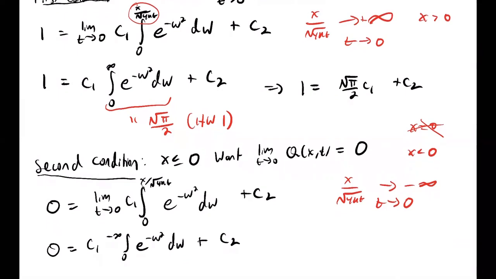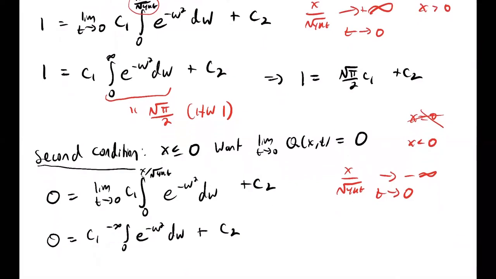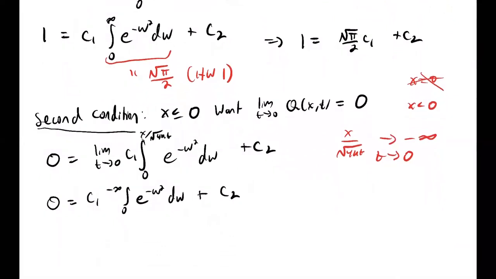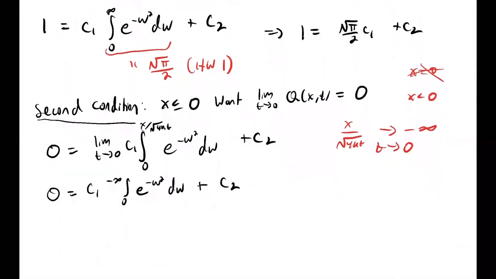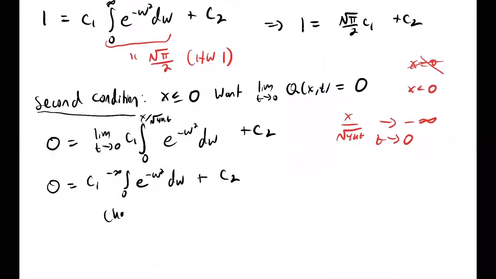Once again, this integral should remind you of the Gaussian, except the only issue is that there's a minus infinity in the bound. What I'm going to do is just change variable. Let me just use b, a letter that hasn't shown up.